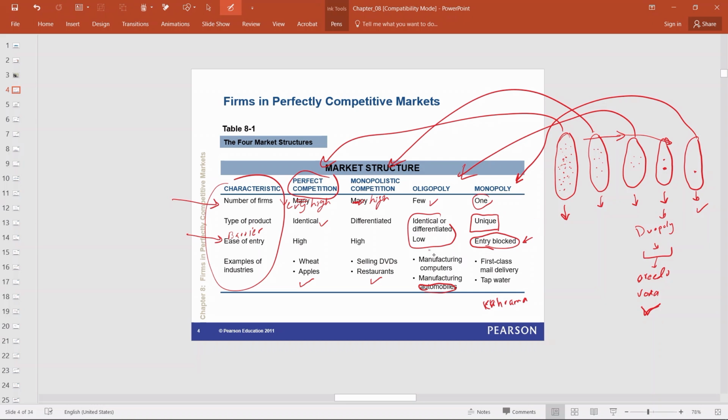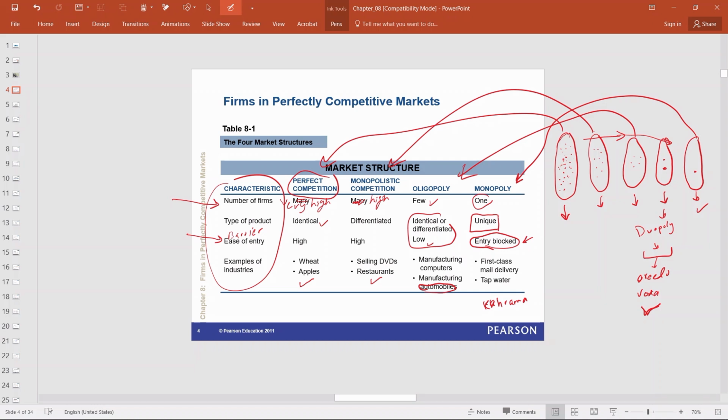And for oligopoly, you can get into this market, but it's not easy at all. This is because you have to have a huge amount of capital and labor, or even sometimes you need a high class of innovative people to come up with a product that you can sell into this market.